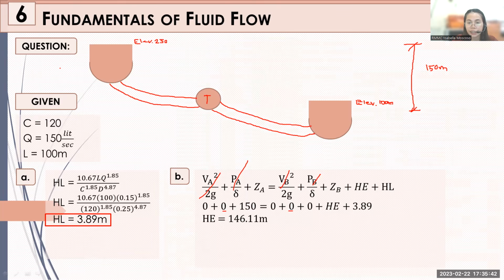So how about your elevation head? We said here that your ZA is equal to 150. From point A, if the datum is point B, the distance is 150. If your datum is point B, then at point B it is 0.